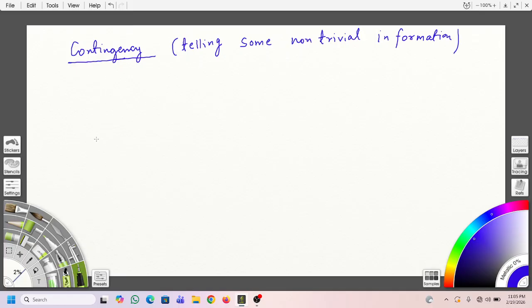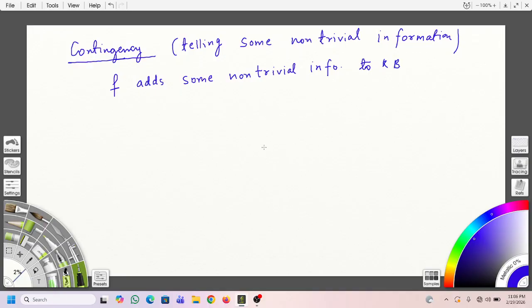That is, F adds some non-trivial information to the KB.